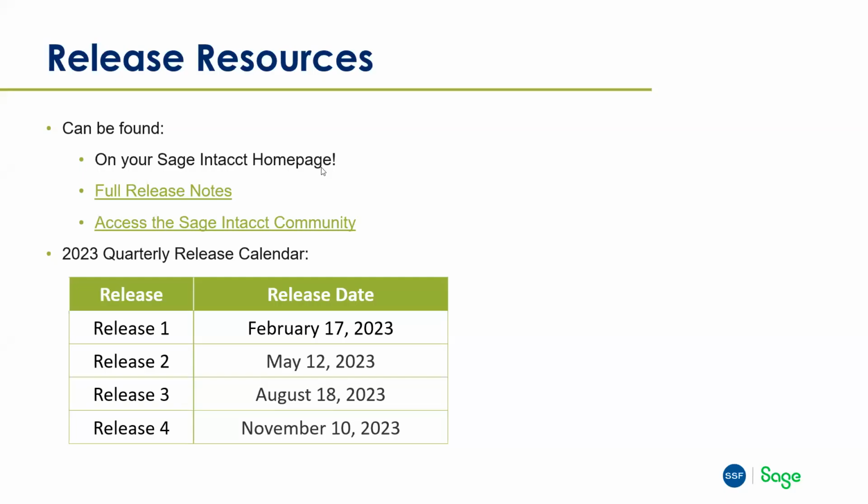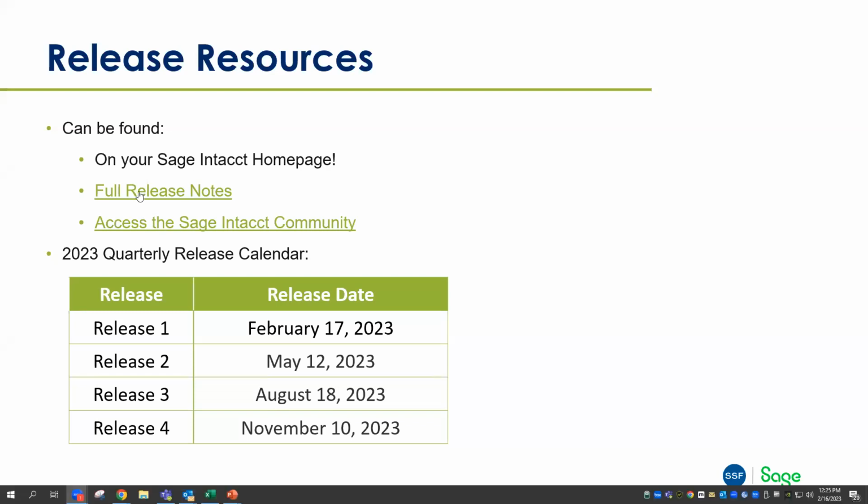My other screen. So we've covered the fun things on your homepage, how to access the full release notes and dig in there and see everything that is coming out new. Also how to access the Sage Intacct community and also now Sage U. And then also just want to let you know, these are quarterly releases. We do have a timeline for all these new features to be coming out.